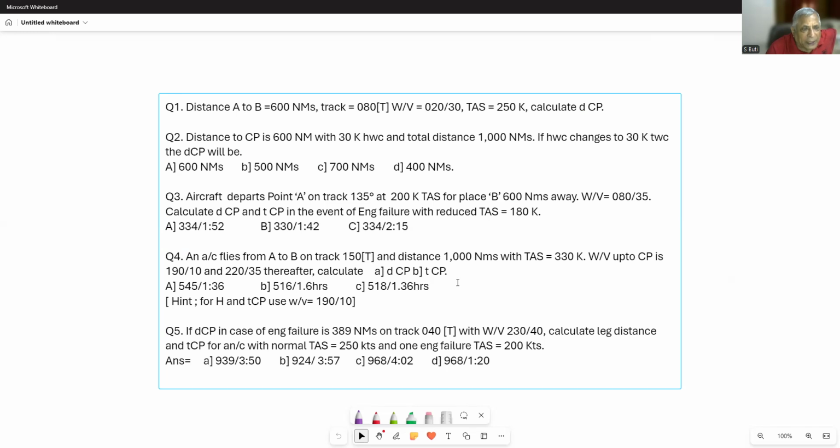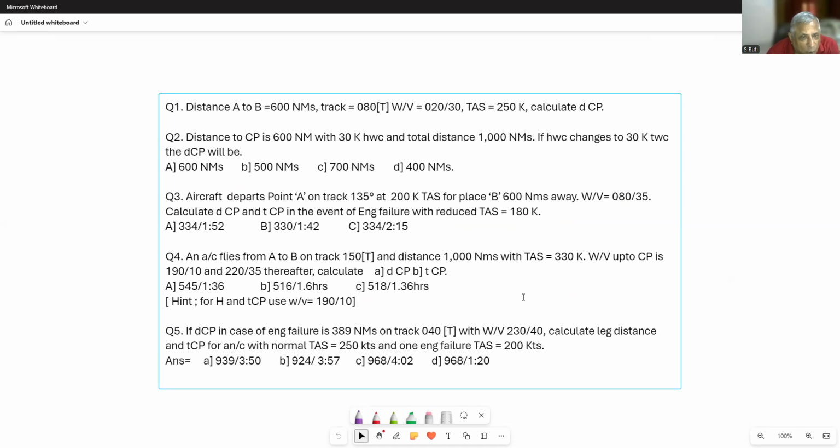For home ground speed, use this wind velocity, because up to the critical point, this is the ground speed. So X divided by H calculated with this wind velocity should be equal to D minus X calculated with the outbound ground speed, and calculate outbound ground speed with this wind velocity, DH over O plus H. Again, when you are calculating the time to the critical point, use the value of ground speed outbound.